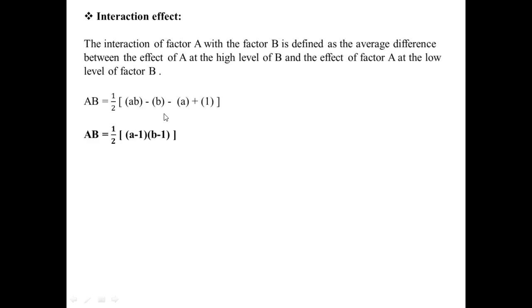So first understand the definition of interaction effect. It is the average difference between the effect of A at the high level of B and the effect of A at the low level of factor B. And we have already found these effects of factor A in finding the main effect for factor A and the main effect for factor B. So with the help of equation 1 and equation 2, we find this interaction effect AB.